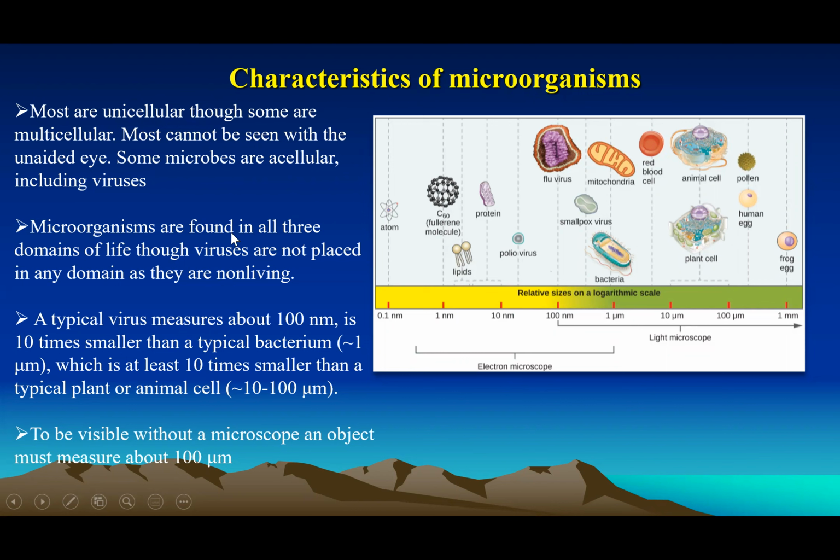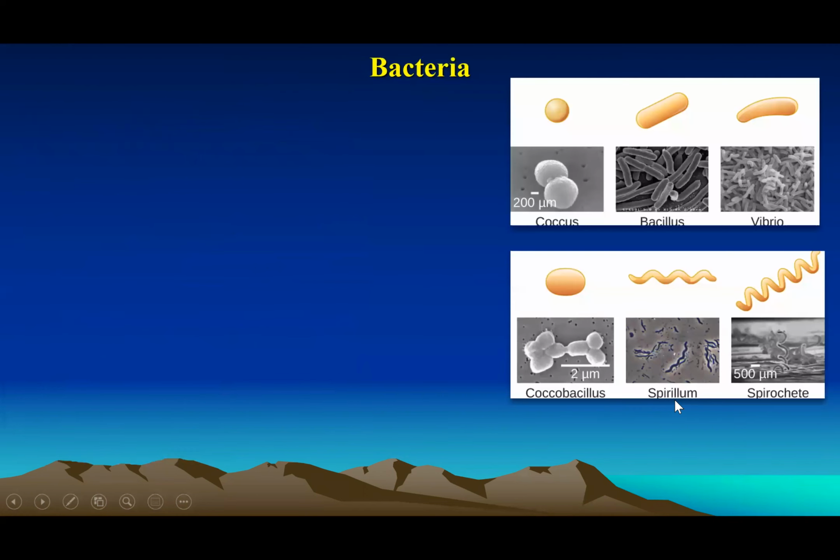And microorganisms are found in all the 3 domains of life. But virus is not placed in any domain because it is non-living. So you need a microscope to study most microorganisms.